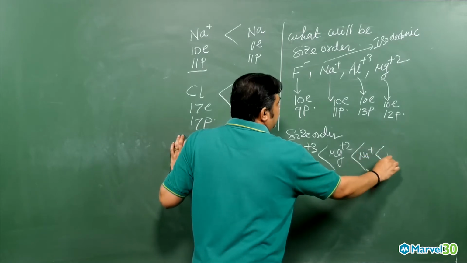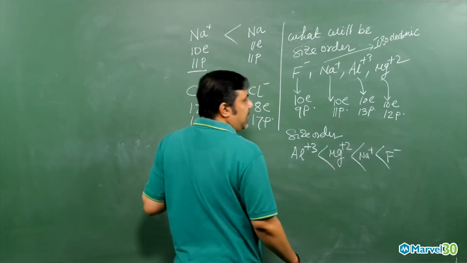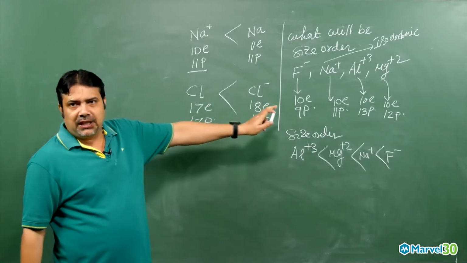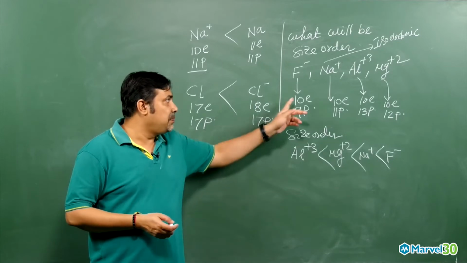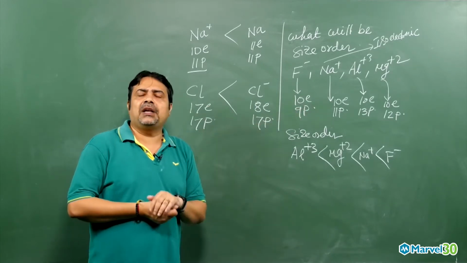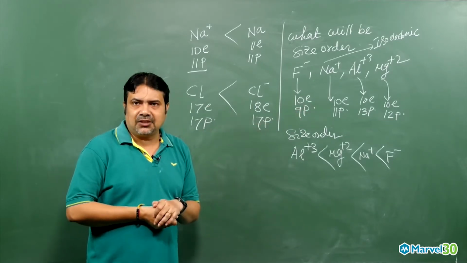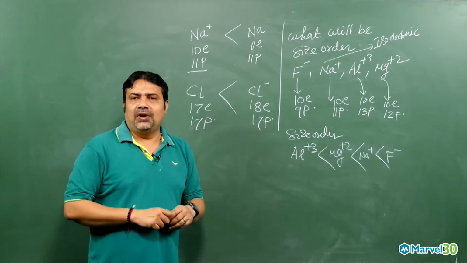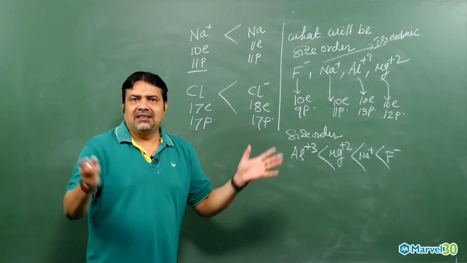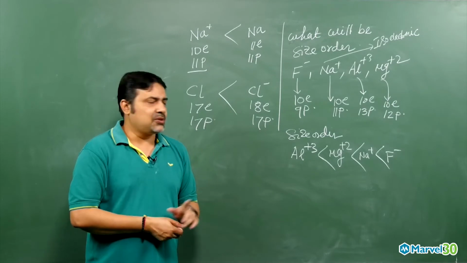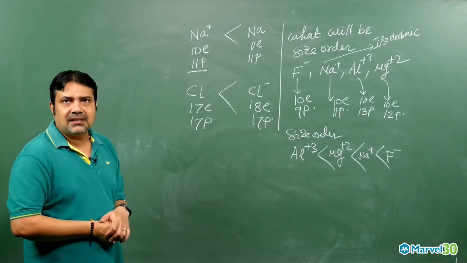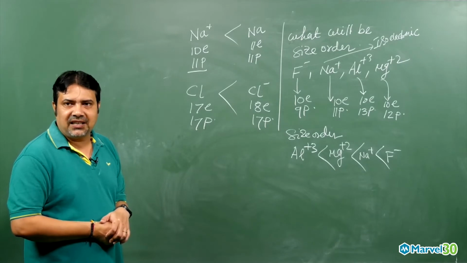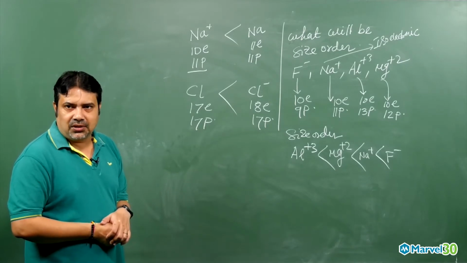That is why F minus will be the biggest size and Al plus 3 will be the least size: in F minus, 10 electrons are attracted by only 9 protons, so the force of attraction will be less and the size will be more. When the force of attraction is more, there will be contraction of size. That is why Al plus 3 is the least size and F minus is the biggest. I hope you understand, my dear students. Does anybody have any doubt? Okay.